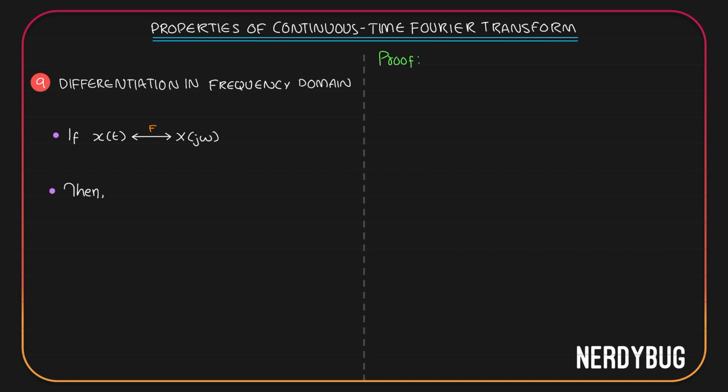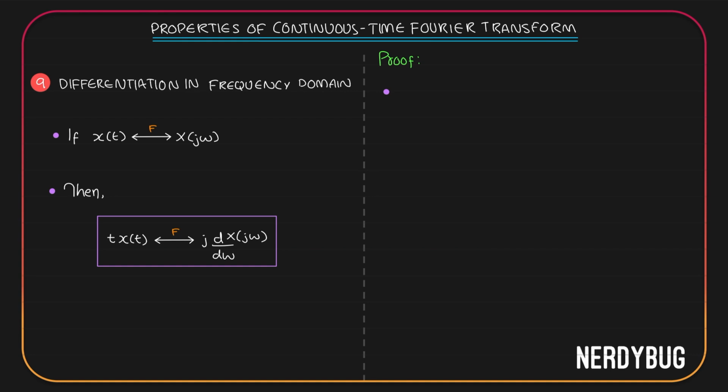The next property we have to learn is differentiation in the frequency domain. If x of t and x of j omega are a Fourier transform pair, then according to this property, the Fourier transform of t x of t is j d by d omega of x of j omega.